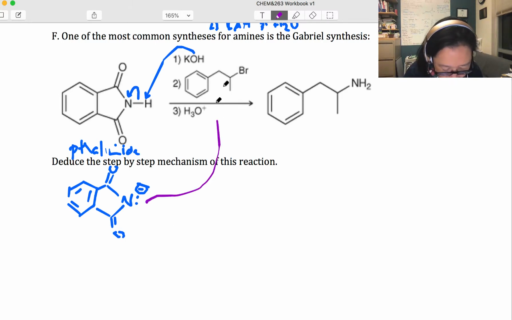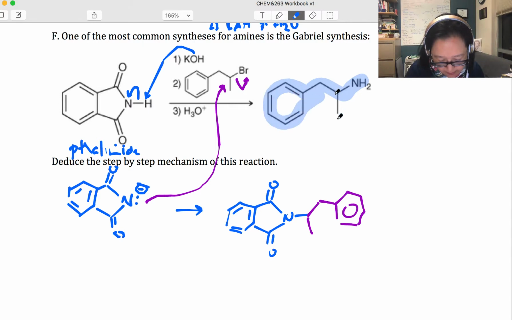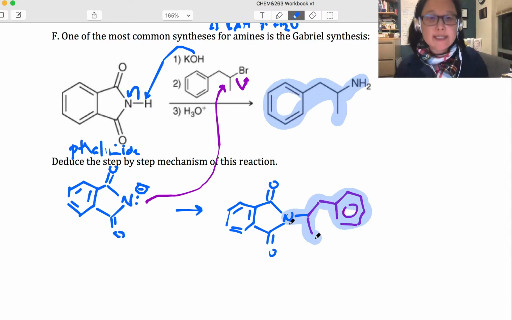So this will attack here. And then once it attacks there, then you end up with the amine. You could sort of see that right here. Here's my amine. And I just need to hydrolyze it from this phthalimide starting material. That's what the acid is for, hydrolysis. Notice this is like an amide, and this is also an amide.